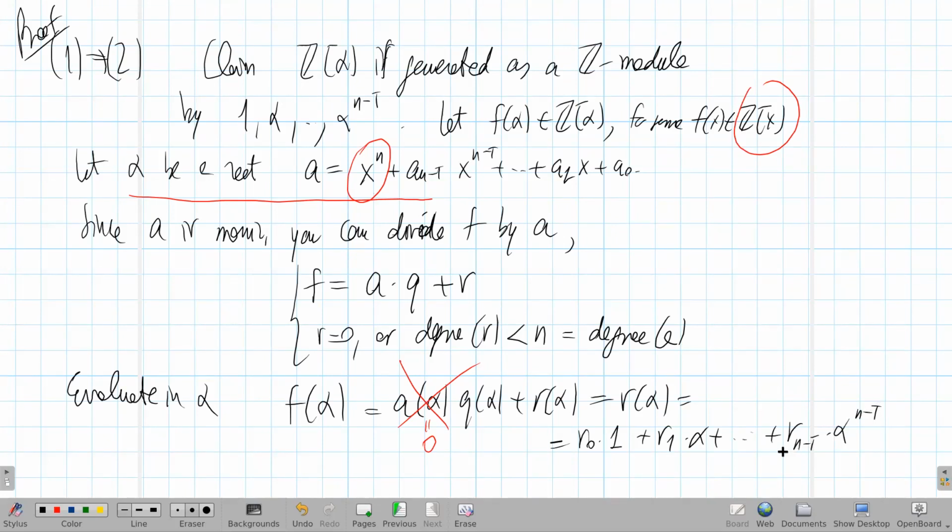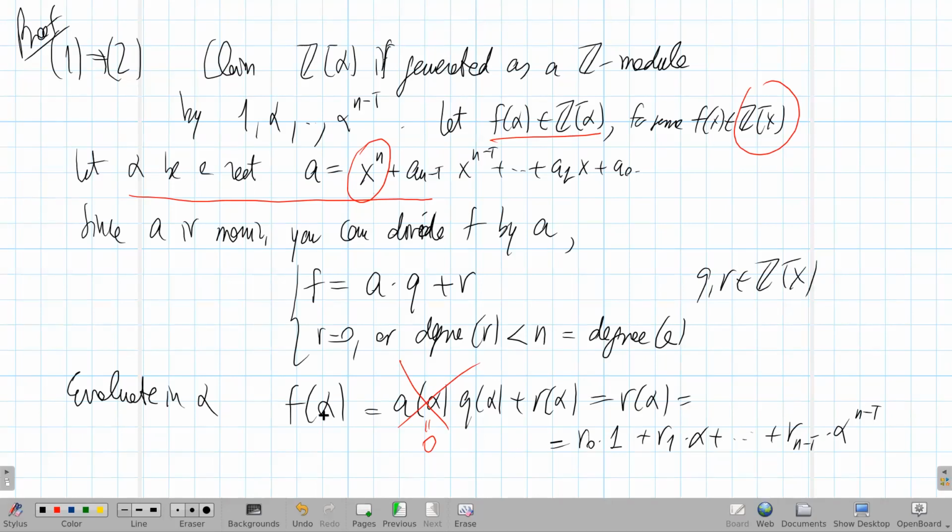And you see what we have here. Every element of Z[alpha] is a linear combination with integer coefficients, because this polynomial, of course, is an integer polynomial, so Q and R are in Z[x].